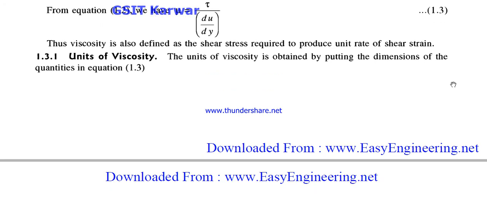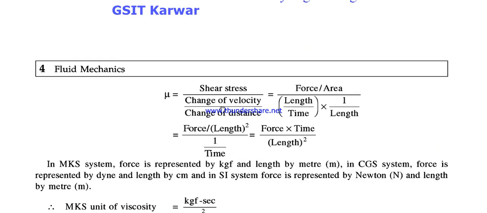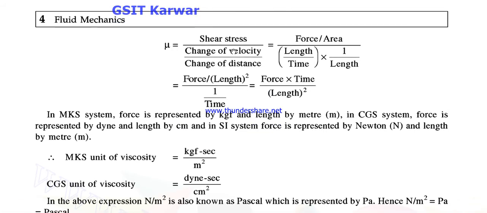Next, units of viscosity. How we are going to derive the units for viscosity? Yes, let us see. The units of viscosity is obtained by putting the dimensions of the quantities in equation 1.3. You can take this equation mu equal tau by du by dy and put the dimensions for this equation. How we are going to put dimension? You can observe here.